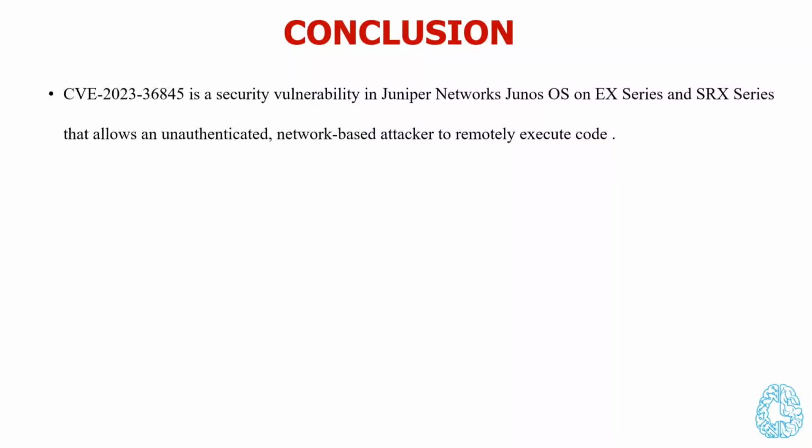Let's wrap up with a concluding remark on this particular CVE. We have delved deeper into CVE-2023-36845, a vulnerability affecting Juniper Networks Junos OS on EX and SRX series devices. It enables unauthenticated network-based attacks, allowing remote code execution.